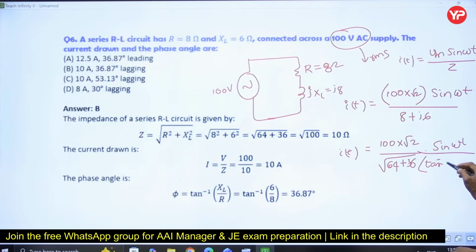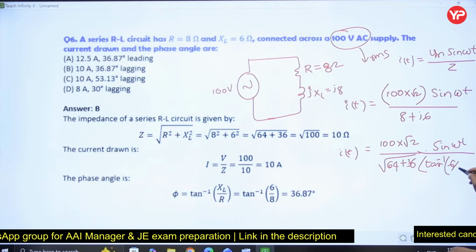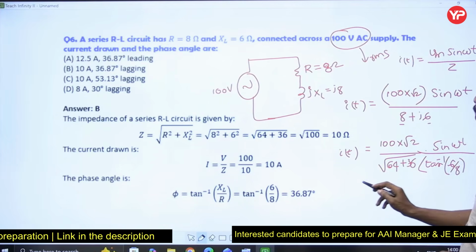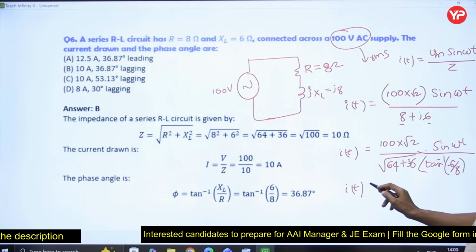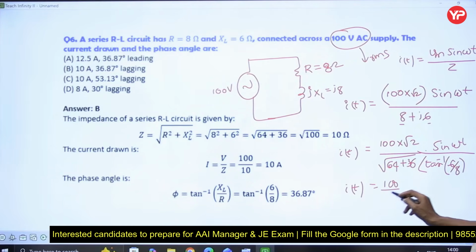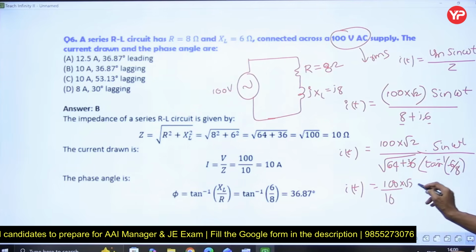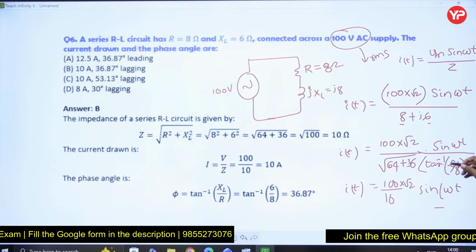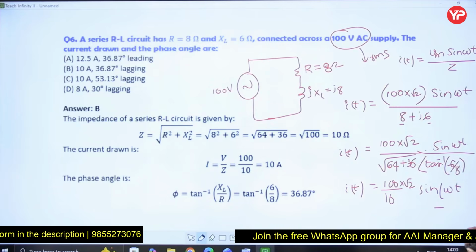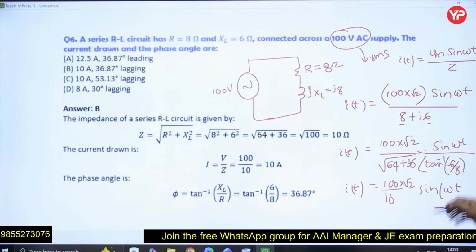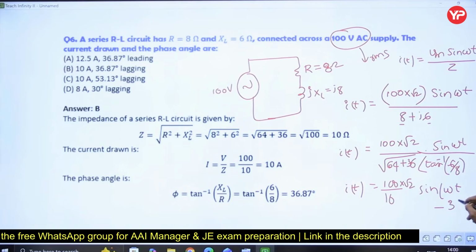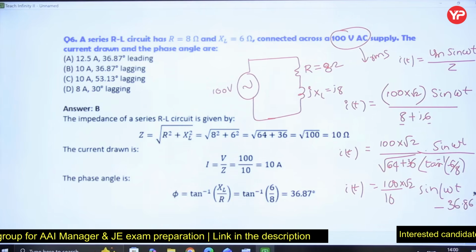Tan inverse of imaginary 6 by real 8. So I of t is equal to 100 by 10 into root 2, and sine of omega t minus 36.86 degrees. Tan inverse of 6 by 8 is about 36.86.